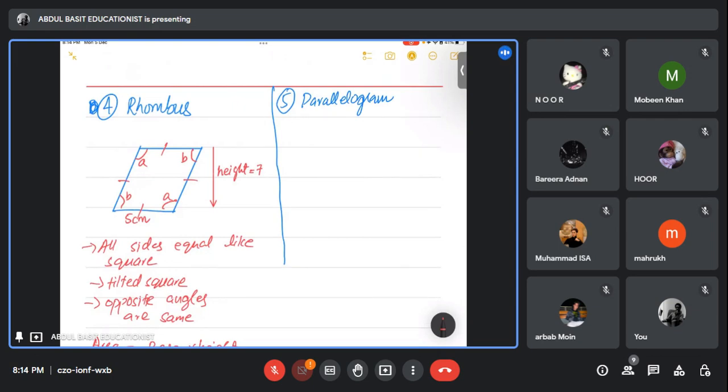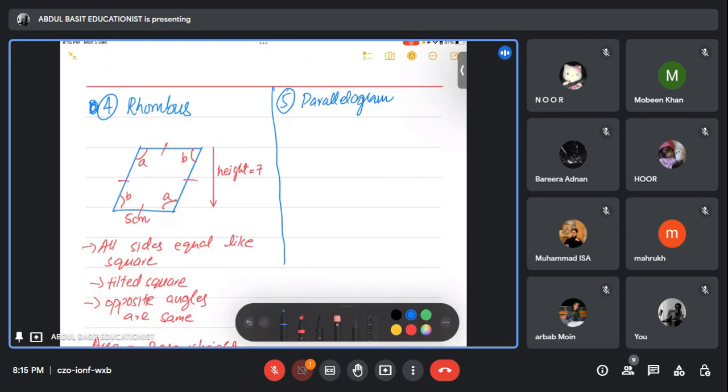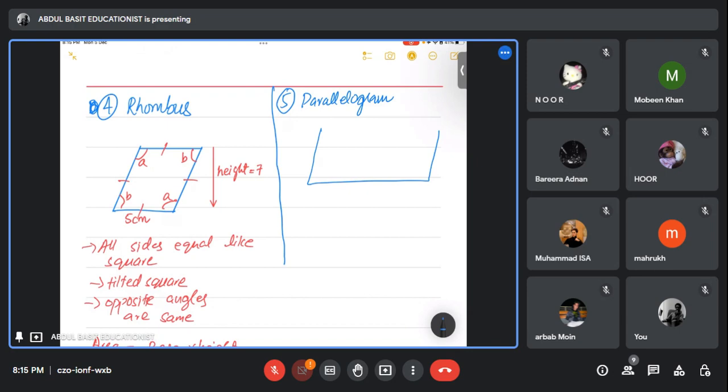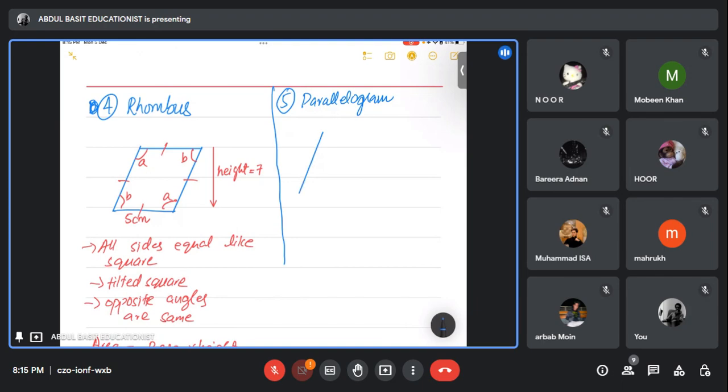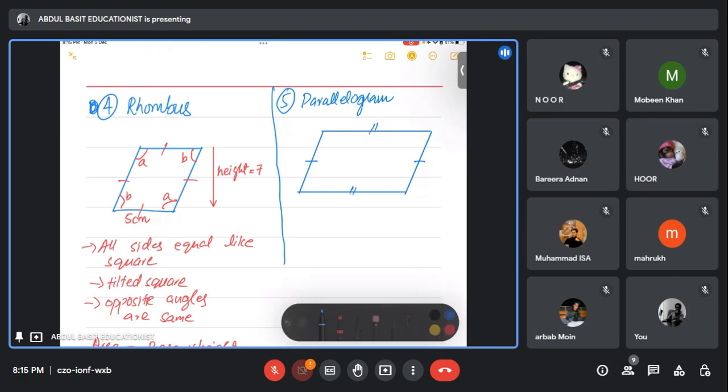Okay, let me draw one parallelogram here, so it will help you to memorize this shape. Wait a minute, let me just do it one more time. As I said, a rhombus is a tilted form of a square, so a parallelogram would be a tilted form of a rectangle. Remember that. Like a rectangle, opposite sides are equal. But like a rhombus, opposite angles are the same. So if this is A, that would be A as well. If this is B, that is B as well.